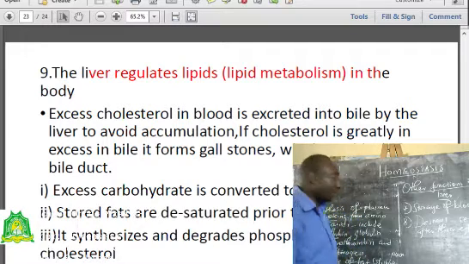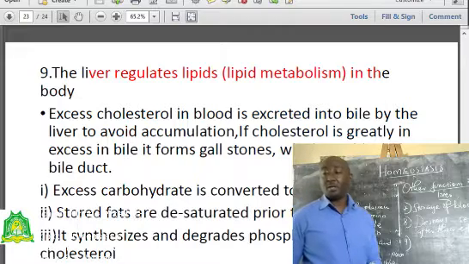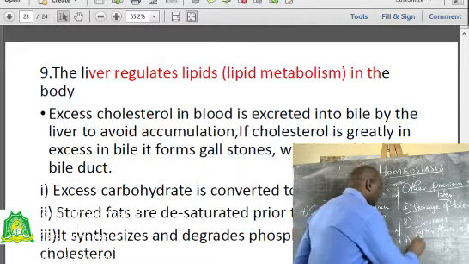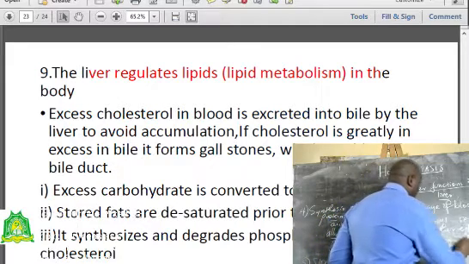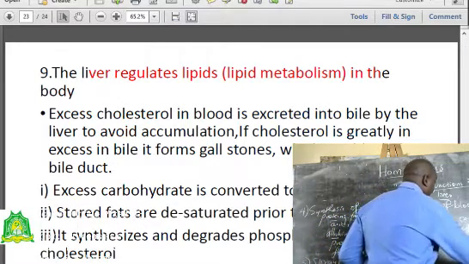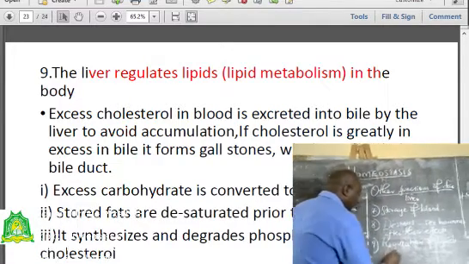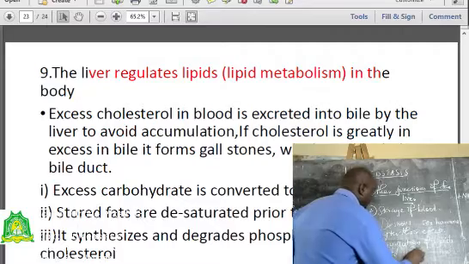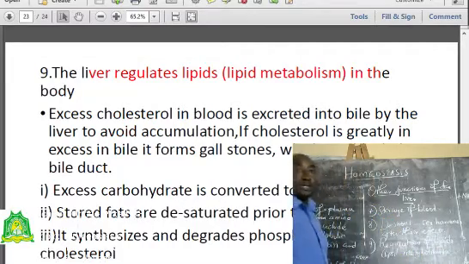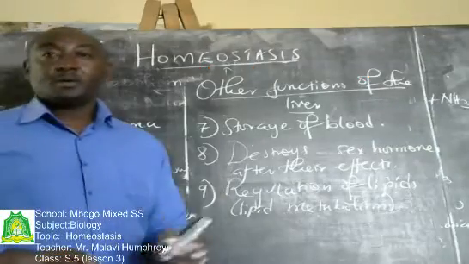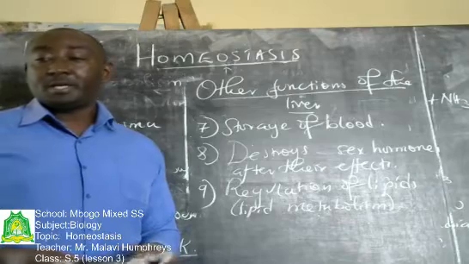Then another one we have is the regulation of lipids. You can call it lipid metabolism. Dear learner, remember when we talk about metabolism, it refers to all the biological processes involving breaking down and building up.